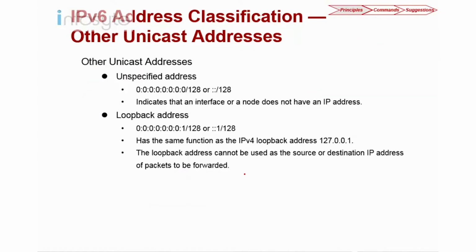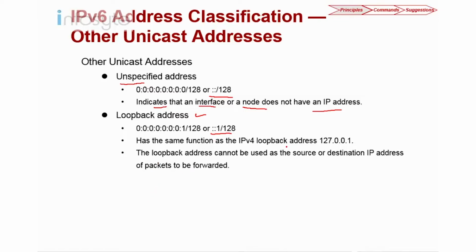Okay, and finally we also have other unicast addresses. So here we have the unspecified address, which is ::/128, indicating that the node does not have any IP address. So this is the unspecified address. Or we also can use /128 as in the loopback address, for example ::1/128.